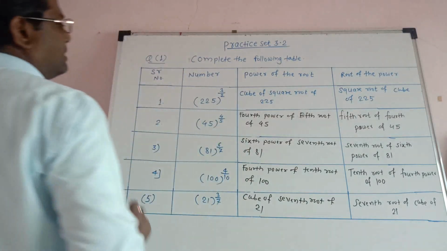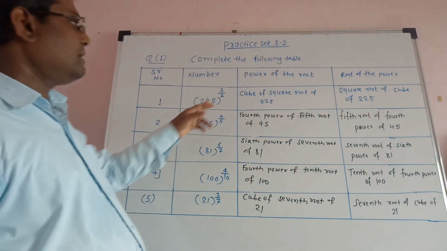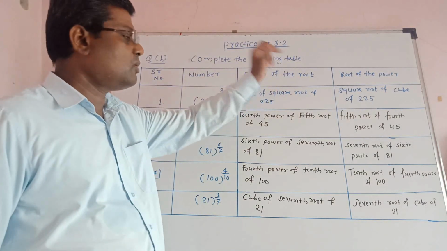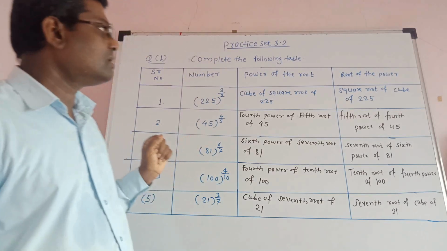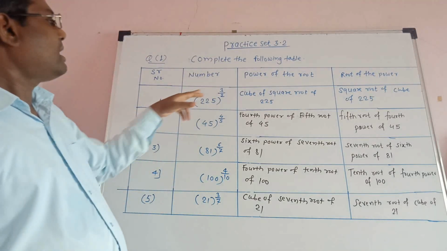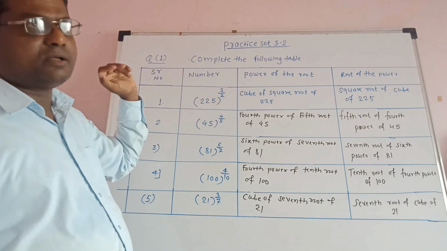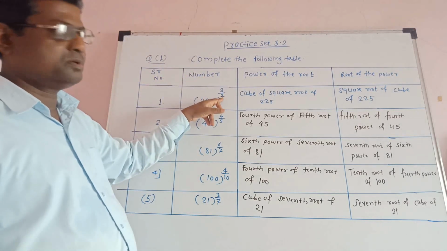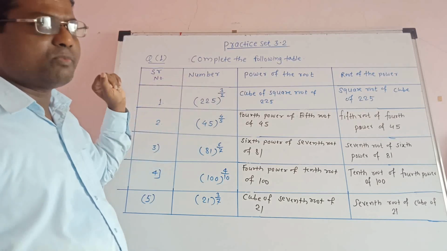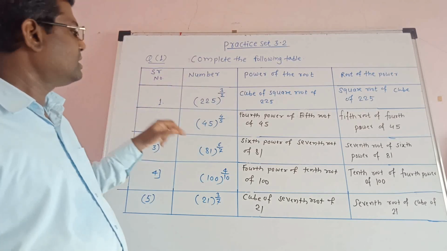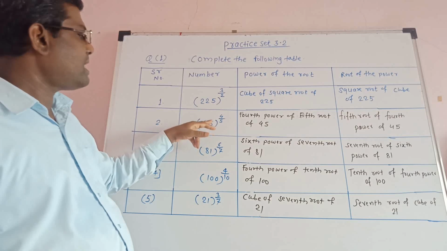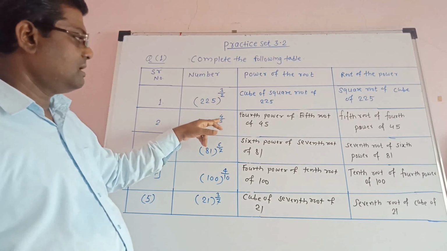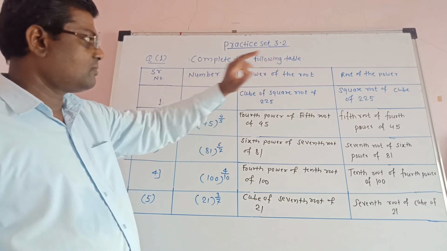So in this table, if we have to write in the form of power of the root, take power at first, and the number in the numerator indicates power. Then take root. The number in the denominator indicates root. For example, 45 raised to 4 upon 5. We have to write in power of the root.